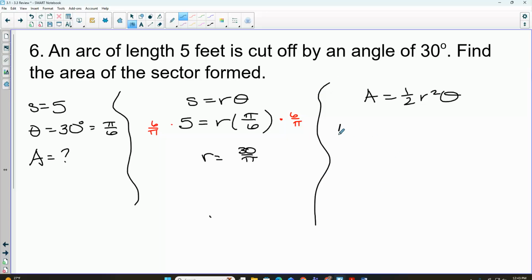So now we can do the area. 1/2 times 30 over pi squared times theta, which is pi over 6.